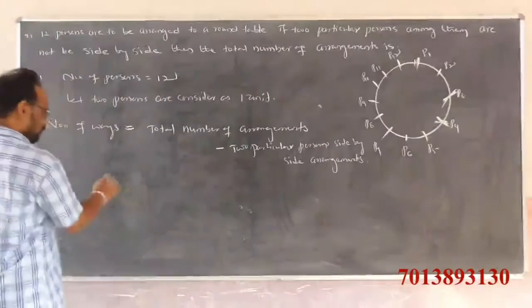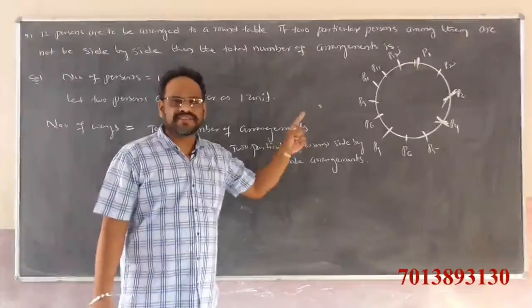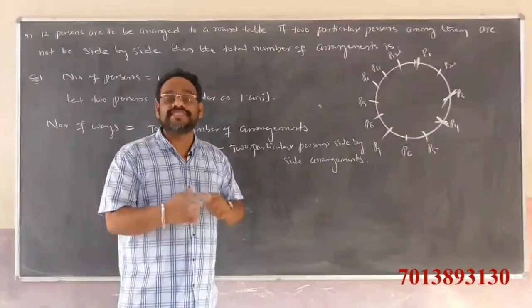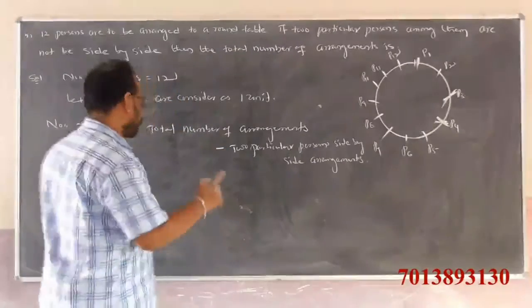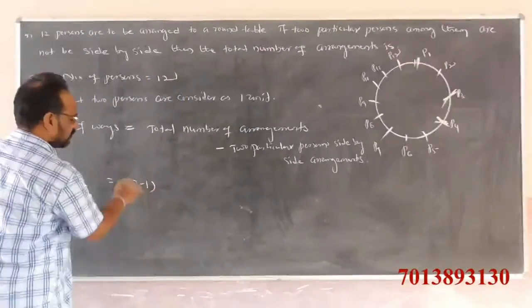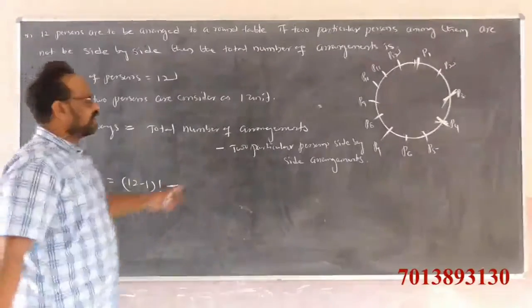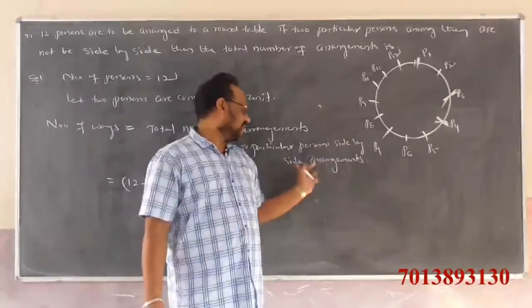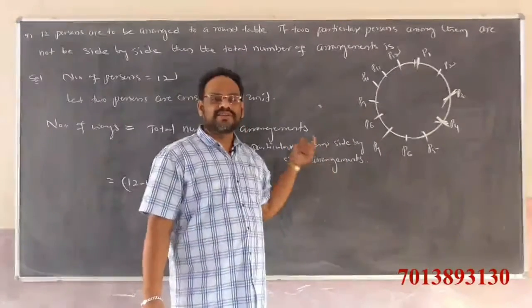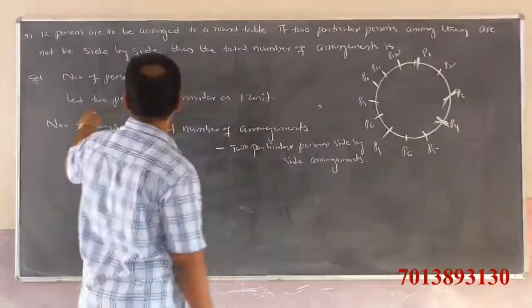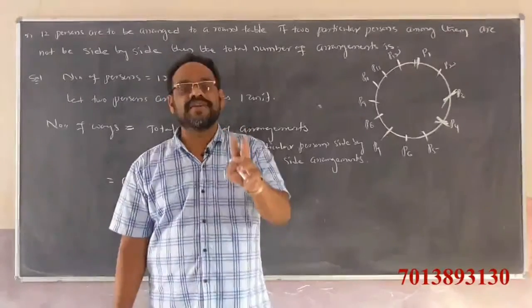So how many? Clearly, observe here. Total number of arrangements of 12 persons in a round table, we already know the formula, that is n minus 1 factorial. So 12 minus 1 factorial minus two particular persons side by side arrangements. Two particular persons are considered as one unit.